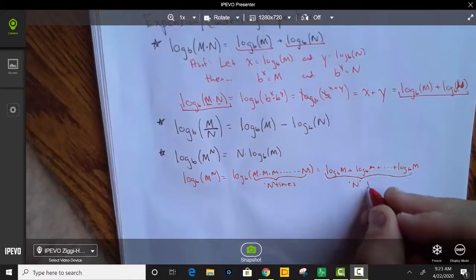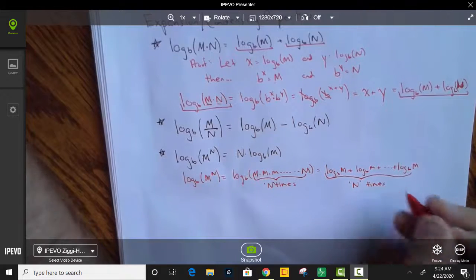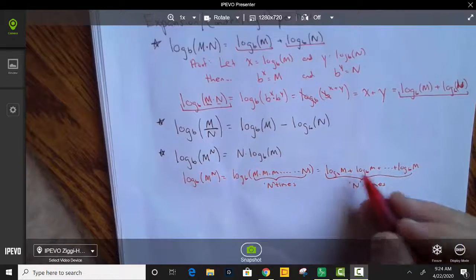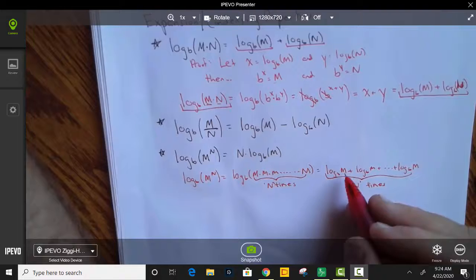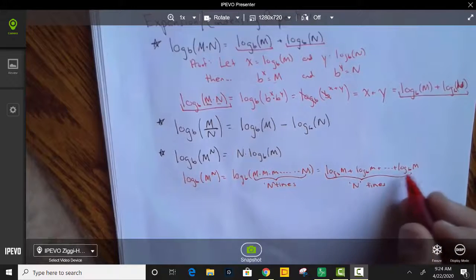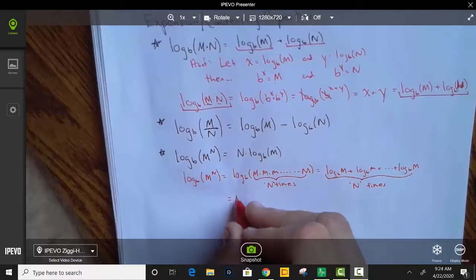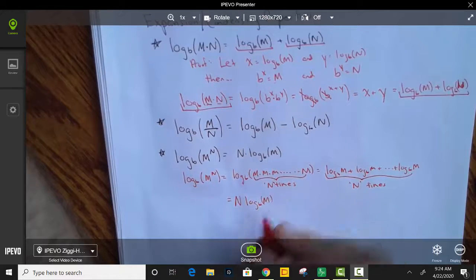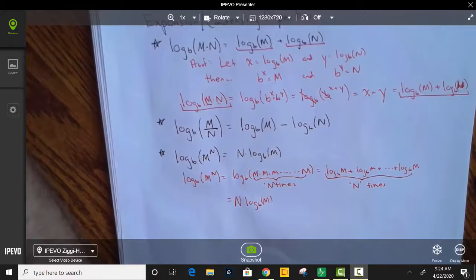So if we had, let's say, 5 of these, then we would have 5 log m's. Well, since there are n of these being added up, this is equal to n log m's. Okay, and that gives us our generic explanation of where this property comes from.